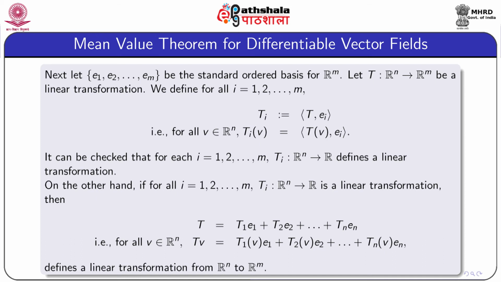On the other hand, if for every i from 1 to m, Ti from R^n to R is a linear transformation, then T defined by T1 e1 plus T2 e2 up to Tm em, that is, to be more precise, for every vector v in R^n, T(v) is defined by T1(v) e1 plus T2(v) e2 up to Tm(v) em, defines a linear transformation from R^n to R^m.